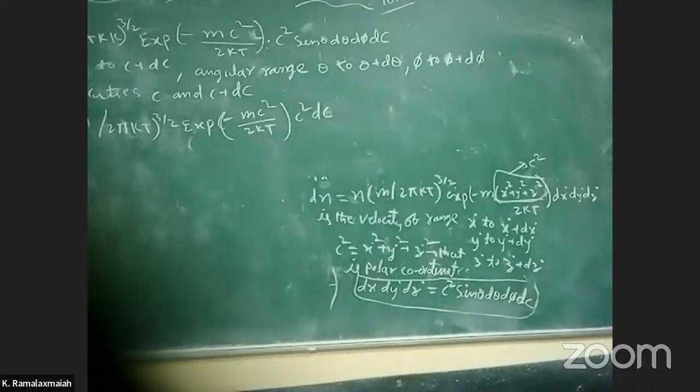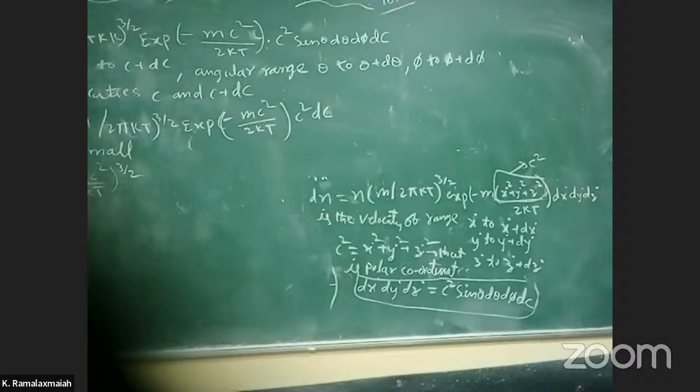When c is small, the exponential of minus mc square by 2 kt power of 3 by 2 is unity, and the number of molecules is directly proportional to c square.